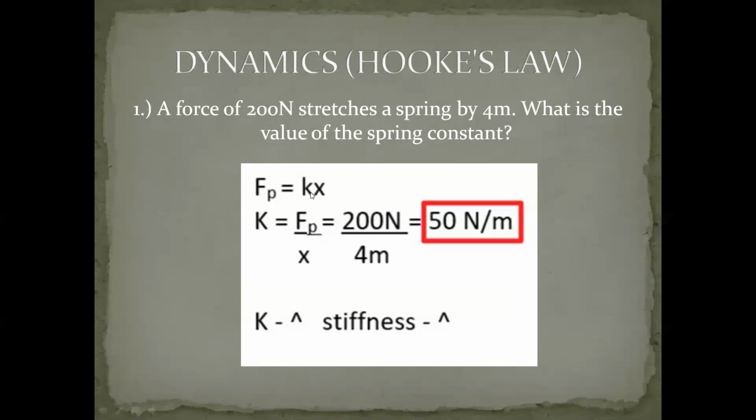Yes, it's spring B because for every 1 meter in spring B, you need a total of 300 newtons. Unlike pag spring A, 50 newtons per meter lang ang kailangan mo. So as you can see here, as the spring constant goes up, the stiffness of the spring also goes up. So ayun yung logic behind Hooke's law.